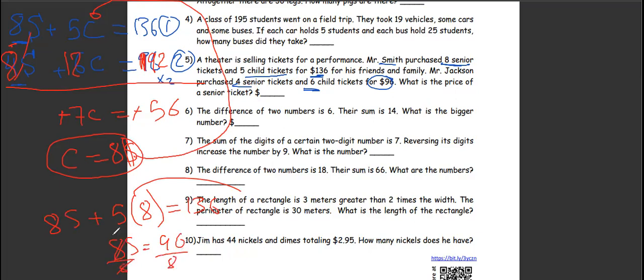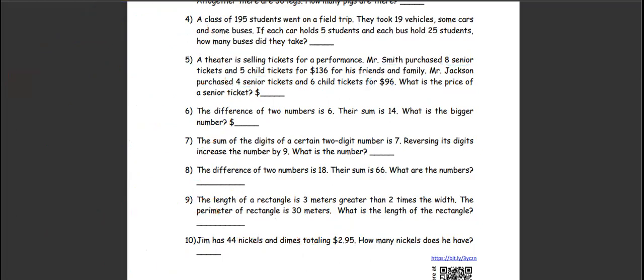Divide both sides by 8, so s is 12. The price for a senior ticket is $12, and the price for a child ticket is $8. I will continue to solve the rest of the questions, because I feel there is no need for another video.